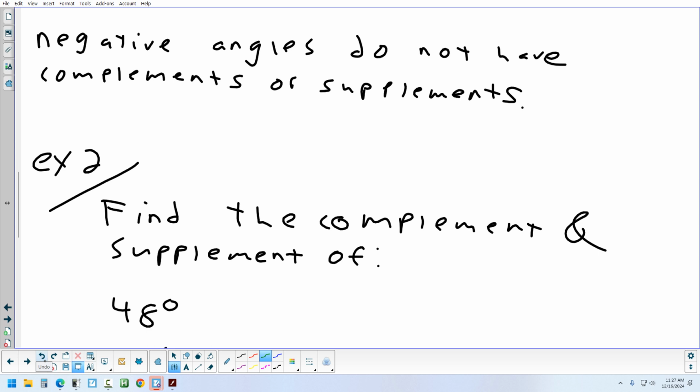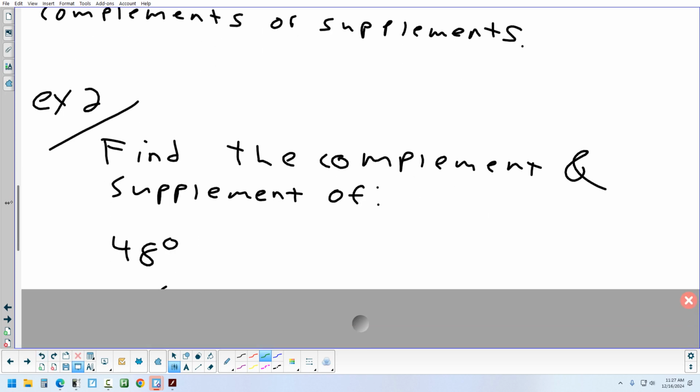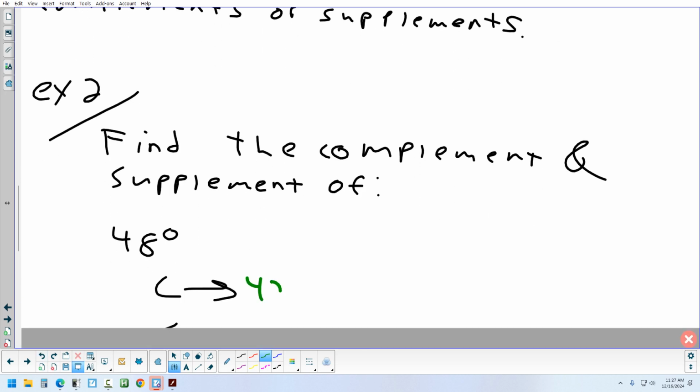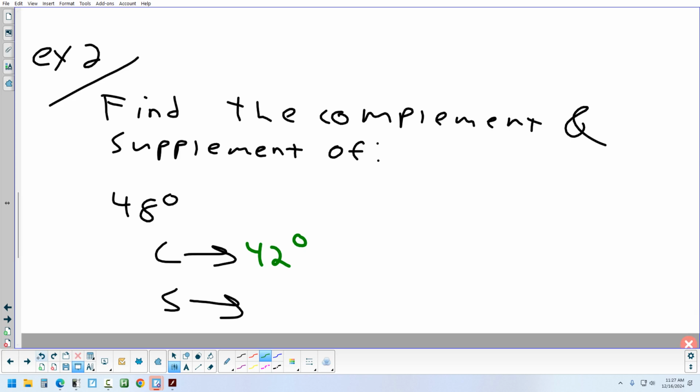Let's start with the complement. What is the complement of 48 degrees? 42. All right. How about the supplement?